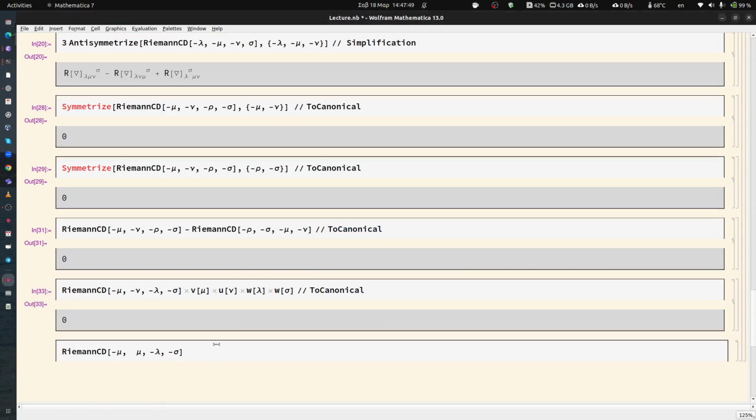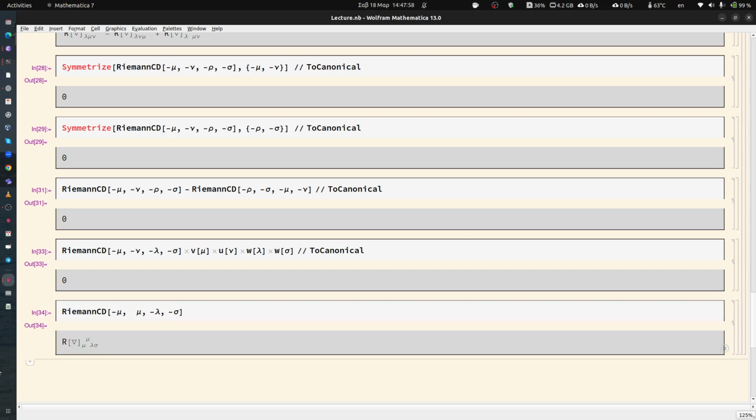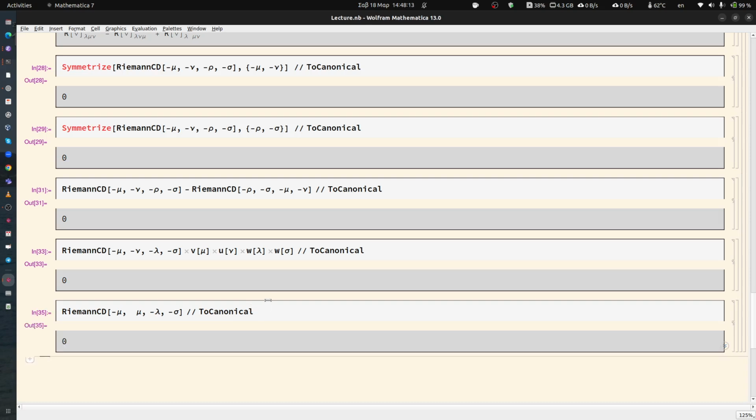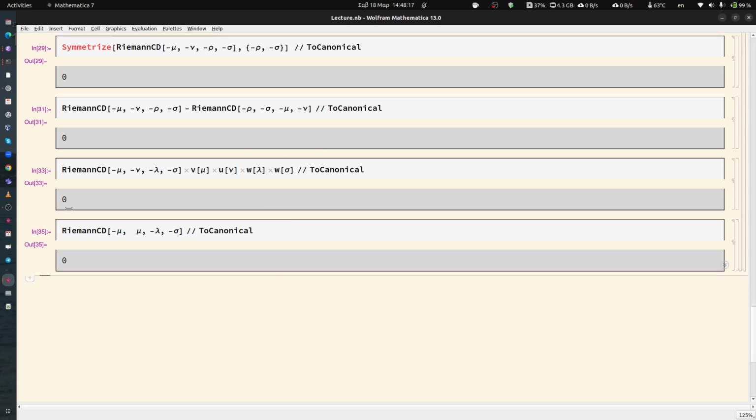Now, this expression should also be 0 because we use the metric, which is symmetric, to raise the second index here. Now, this will be shown to be 0 when we apply the monoterm symmetries of the Riemann tensor, and indeed, ToCanonical does exactly this.